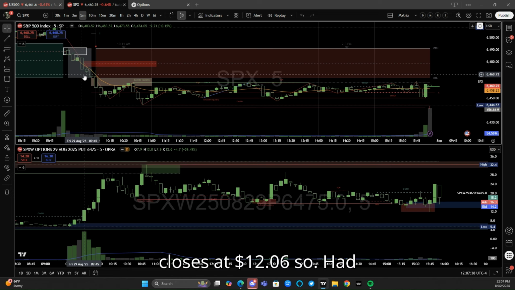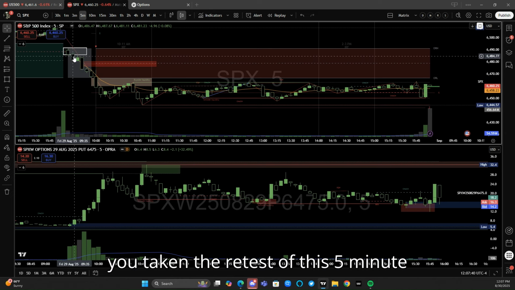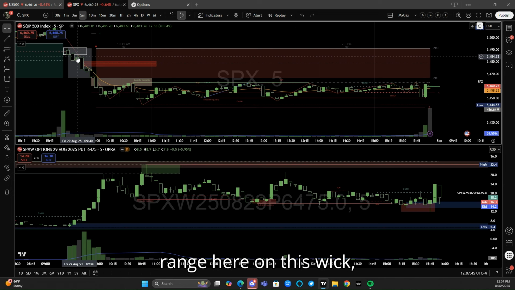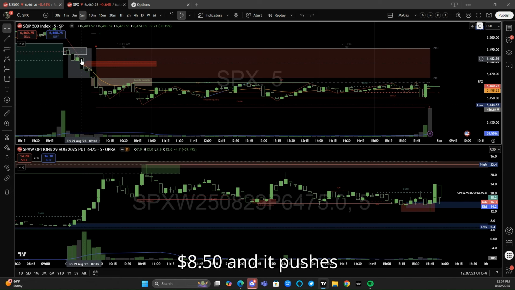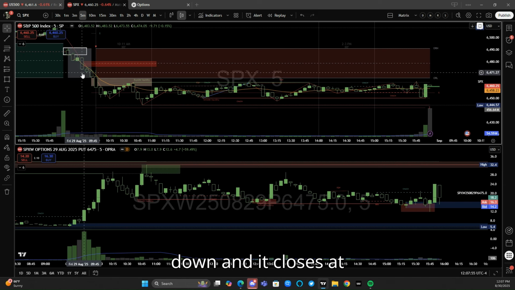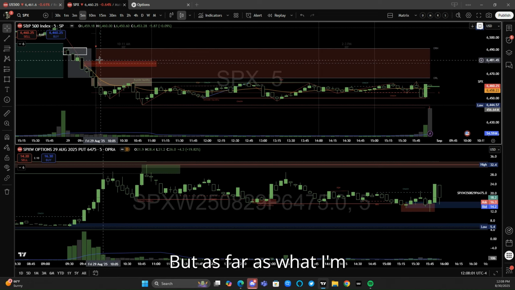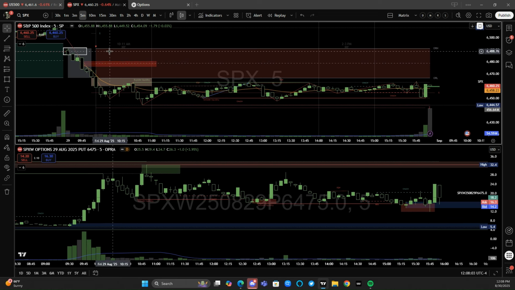It closes at $12.06. So, had you taken the retest of this 5 minute range here on this wick, you get in at $8.50 and it pushes down and closes at $12.60. That's a great trade.